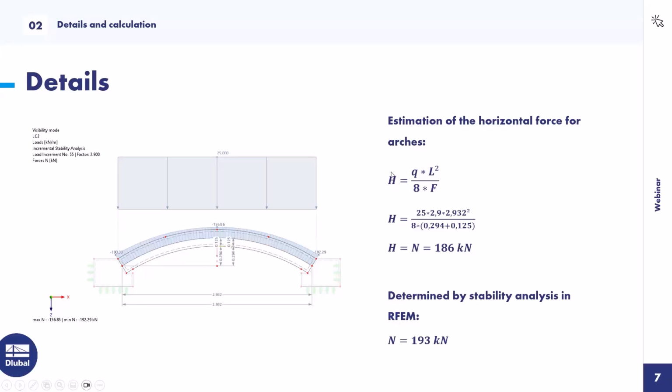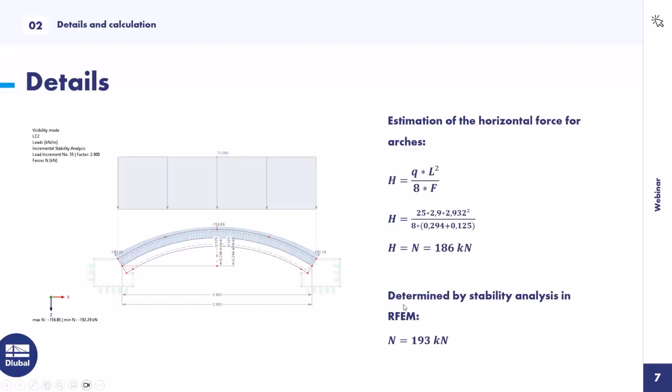The horizontal load is the load Q times the length divided by 8f. F is the height of the arch, and I get with this formula about 186 kilonewton.